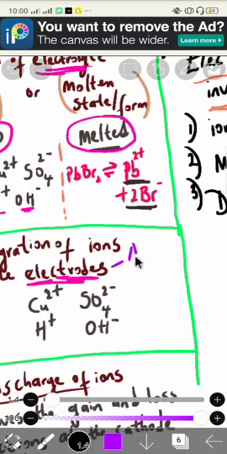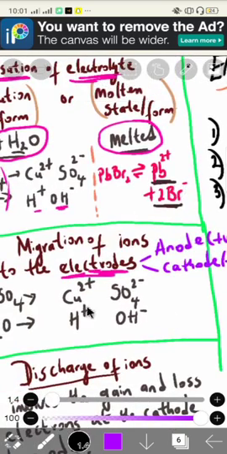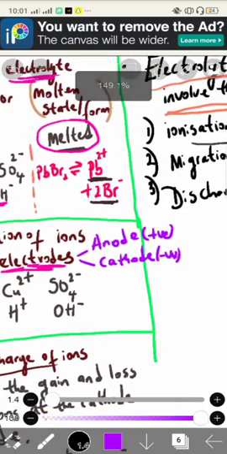We have the anode and we have the cathode. So you know that the cathode is the negative electrode, while the anode is the positive electrode. So now it is logical for you to think that the ions that are positive will always be attracted by the electrode that is negative.